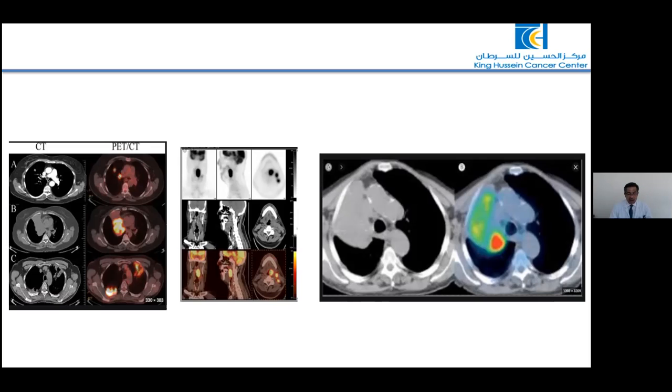For many cancers now we do fusion planning, like lung cancer, esophageal cancer, and others, where we fuse the PET and the CT imaging for planning. So the question is, why not use it as a tool of IGRT? I think this area is under investigation, and maybe in the coming few years we will have linear accelerators with PET facility as well.